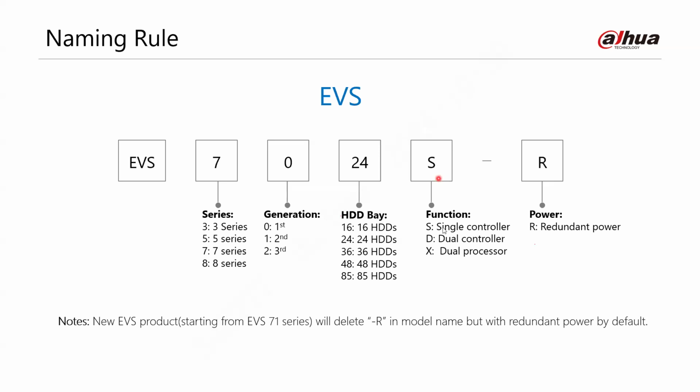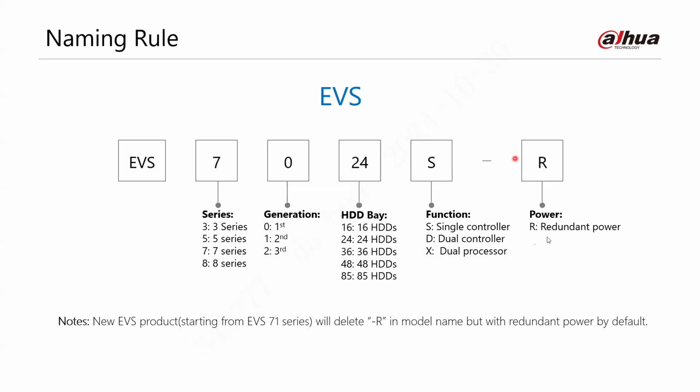Then we have this special function for the EVS. We have a single controller, dual controller, and dual processor. If you see S here, it just implies that this EVS has a single controller. If you see a D here, it supports dual controllers. And then there's an X, which supports dual processors for better, more powerful performance. Then we have this hyphen here, followed by another character. This is for the power.